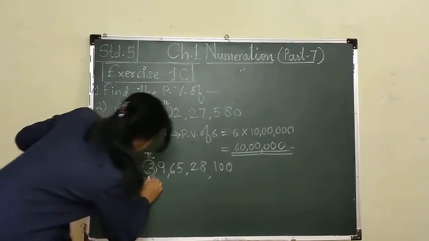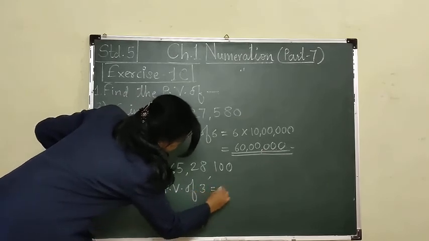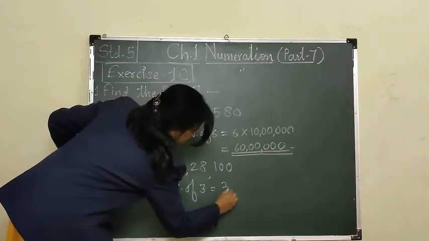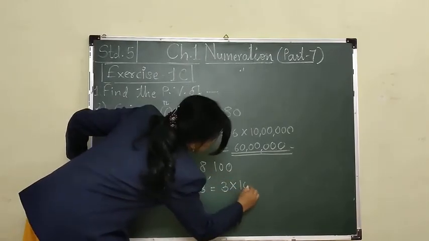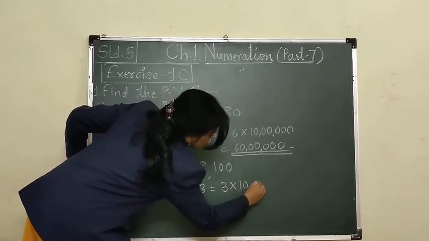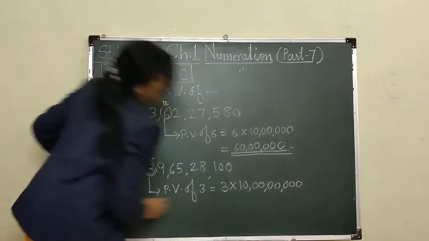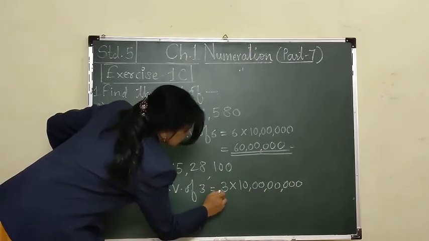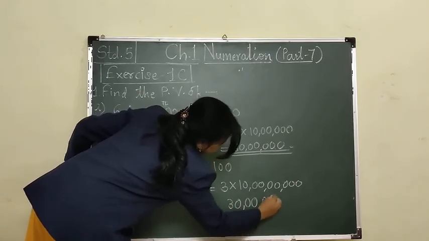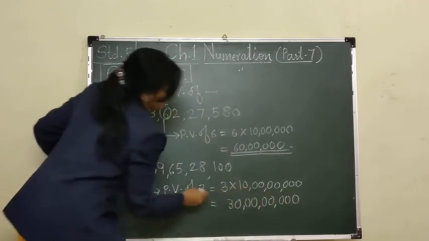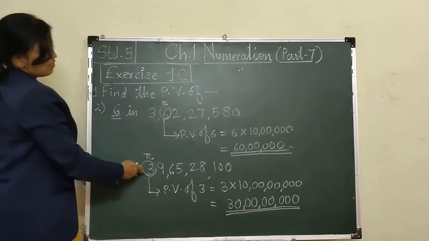So the place value of this 3 is equal to the digit multiplied by the value of that place. 3 is at 10 crores place, so multiply it by 10 crore. This is 10 crore, 2 zeros for lakhs, 2 zeros for thousands, and HTO. So you will get 3 into 10, that is 30 crore. So this is the place value of 3 in this given number.